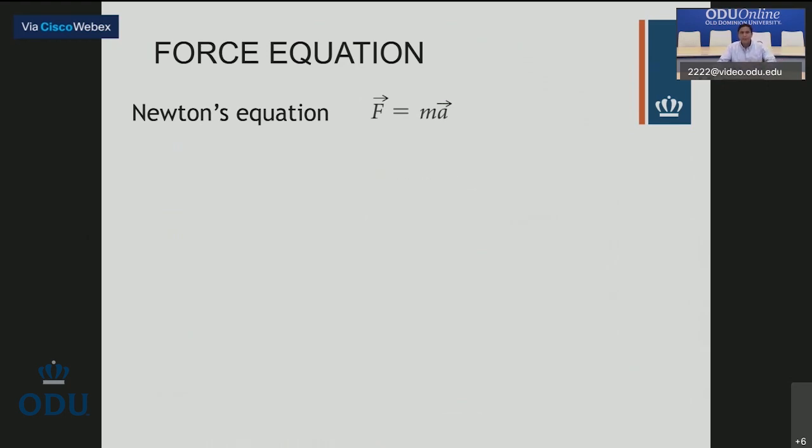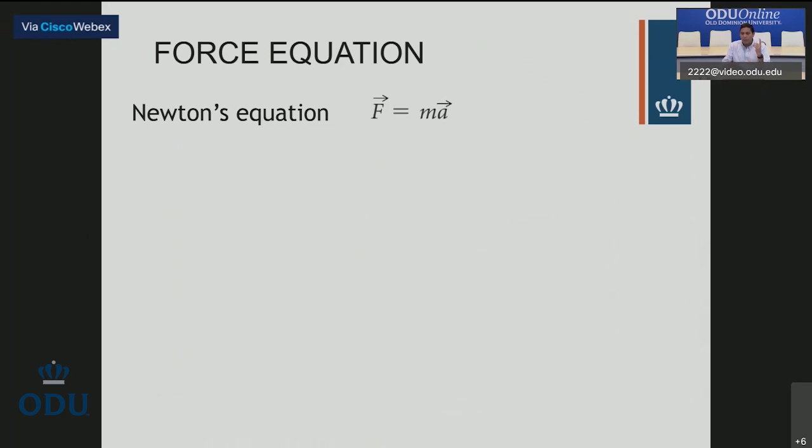Now, when you learn this equation in high school, the typical example is a little car that is moving. If I apply a force to the little car, and there are friction forces on the bottom and so on, that's where you apply that equation.